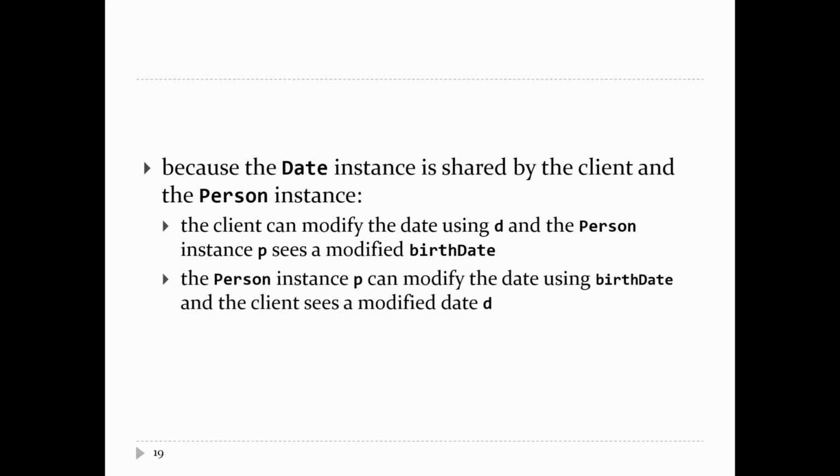Similarly, in the person class, maybe there's a method that changes the birth date of the person. If the person class uses its reference to change the date, then the caller, when they use their reference D, also sees the changed date. So the caller can change the state of the date, and the person object can change the state of the date. Neither the caller nor the person object owns the date object.